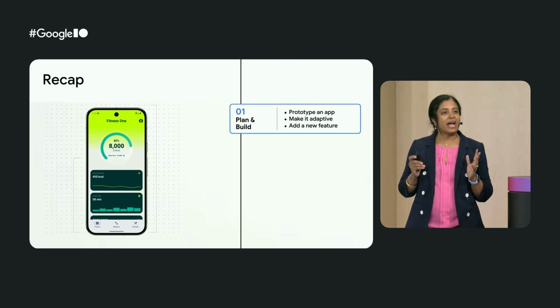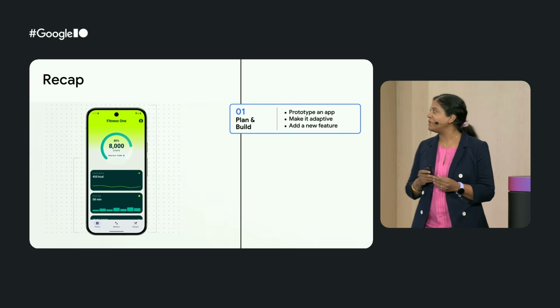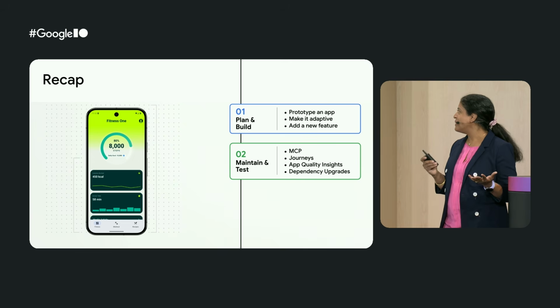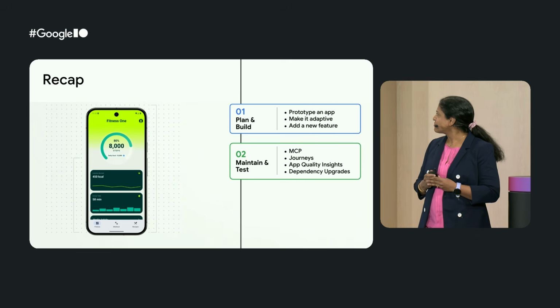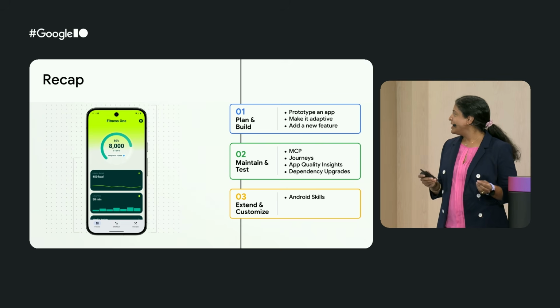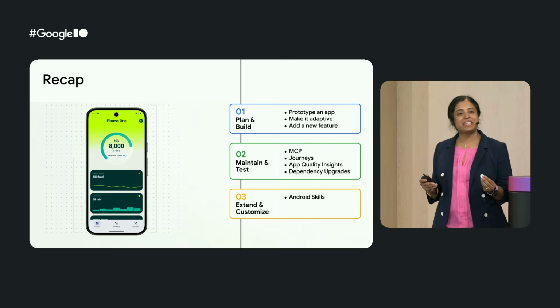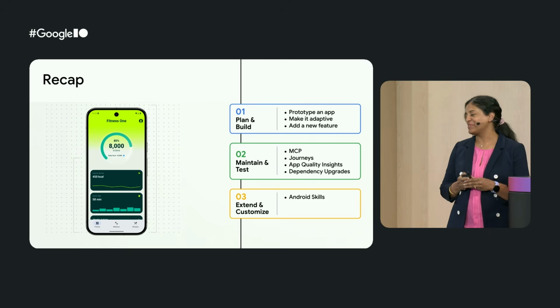We also saw how to add a new feature using features like planning mode, using MCP connections to maintain and test your app. We also looked at how to maintain your app with app quality insights and how to test it with journeys testing. And finally, we saw how to extend Gemini with new skills as well.